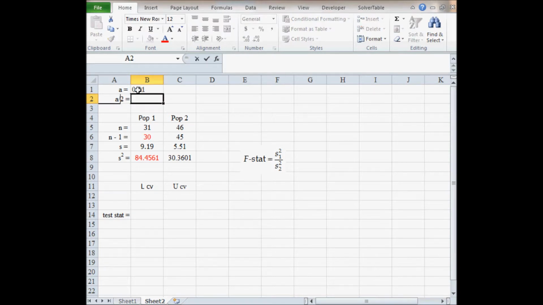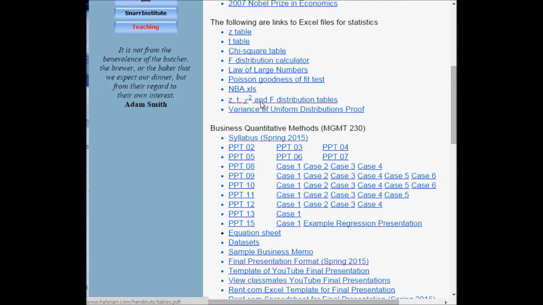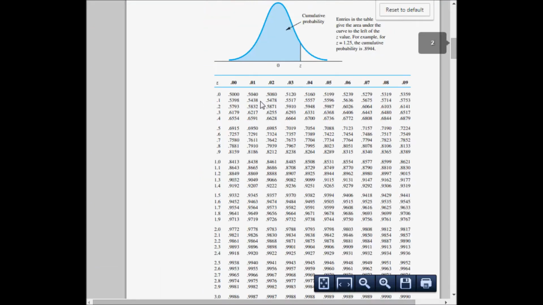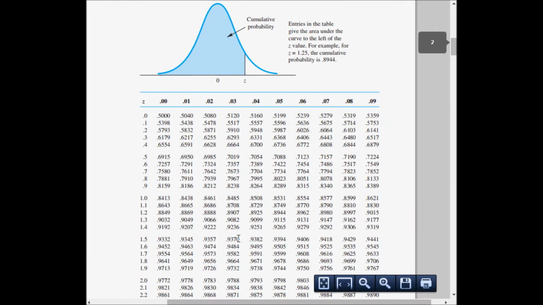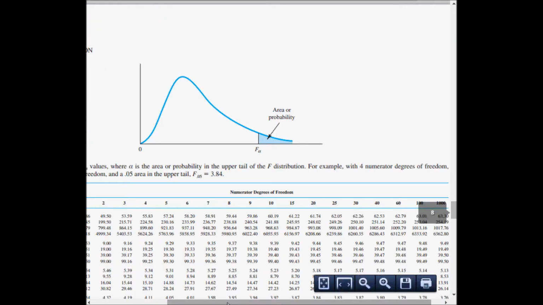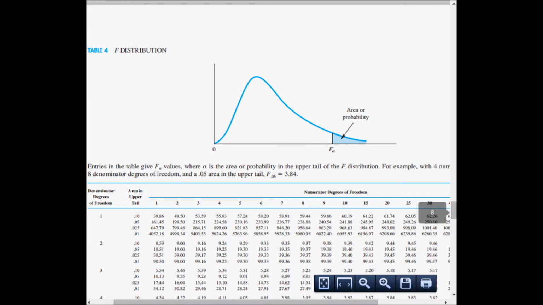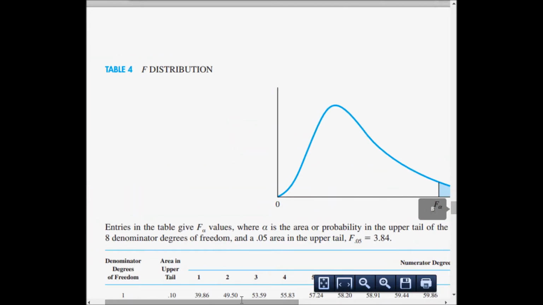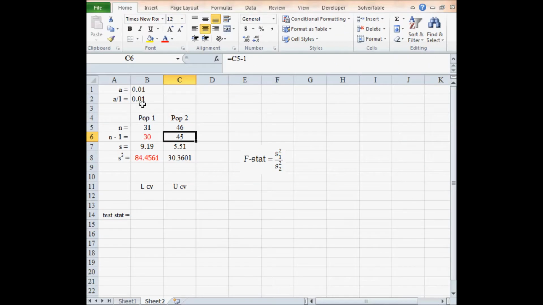So it's a one-tailed test, so we divide alpha by 1. We're in row 0.01 and 45 of the F table. So let's find the F table. Okay. 0.01 and 45. That's the row we're in.